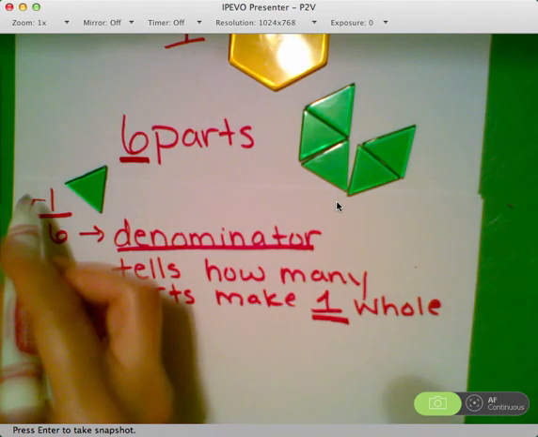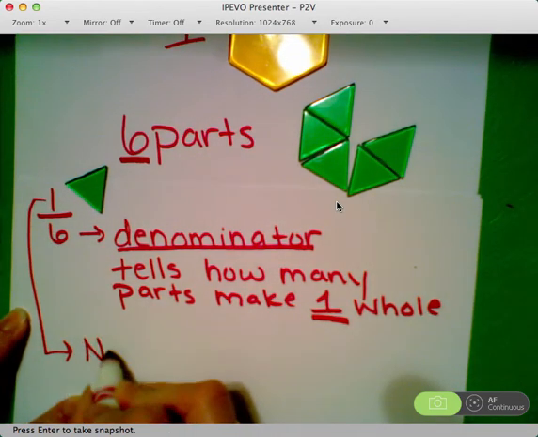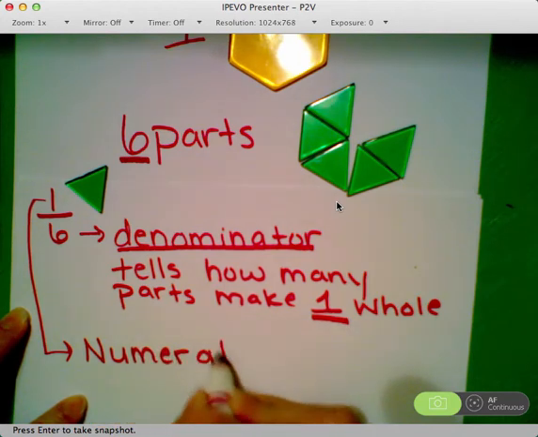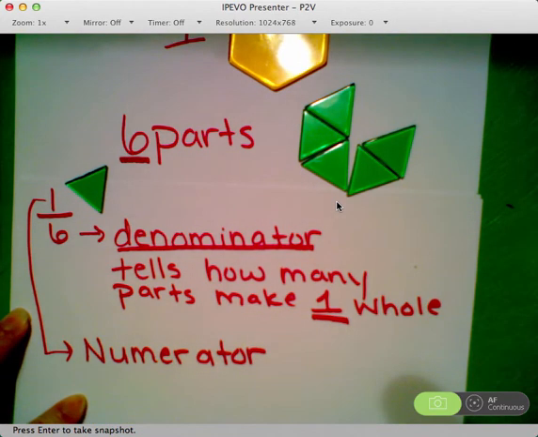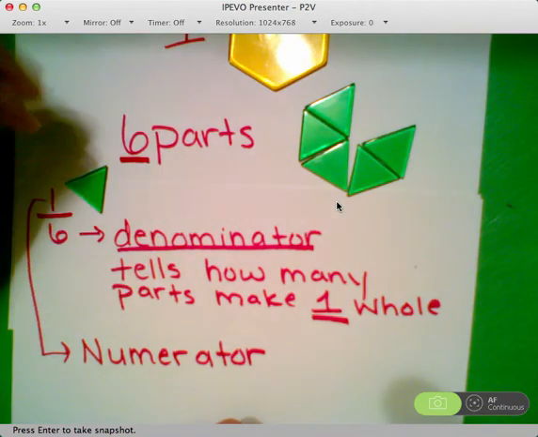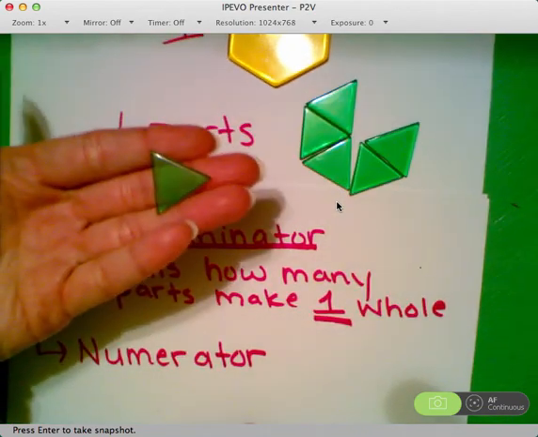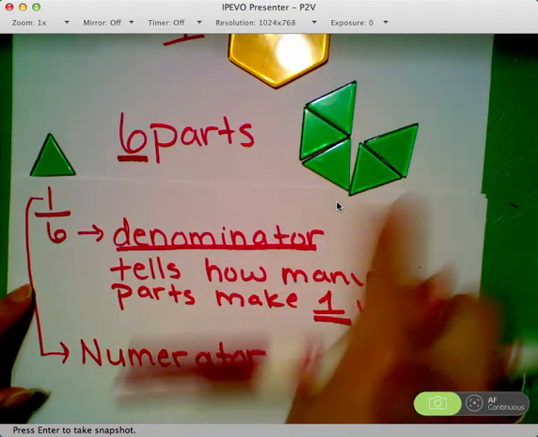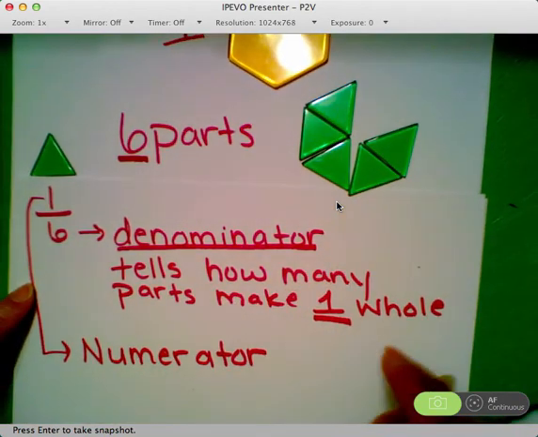This top number is called the numerator. Numerator. And it tells us how much we have out of the whole. So here, how much do I have? I have one piece of the whole hexagon.